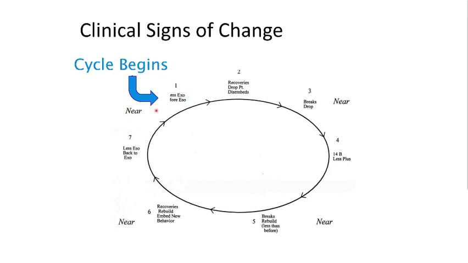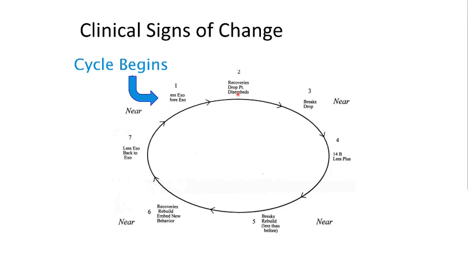So the first thing that happens is at near only, we see the shift from the 6 exo to less exo or even into eso. The next thing that happens while that is maintained or sustained is that the recoveries drop. So this would be at our base out and base in at near. The recoveries drop.